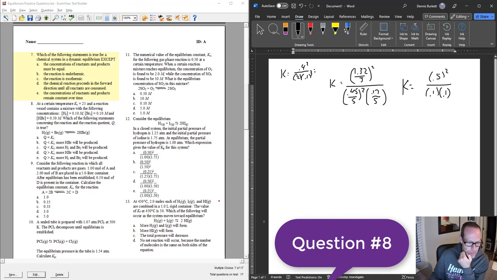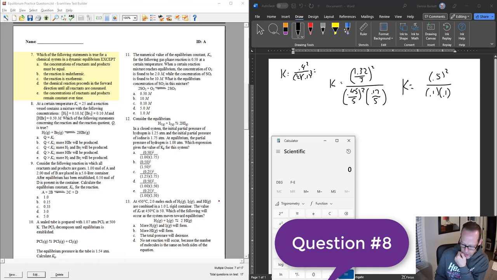So I can tell this answer is going to be 25. We can do the math real quick. So 0.5 times 0.5 divided by 0.1 divided by 0.1.